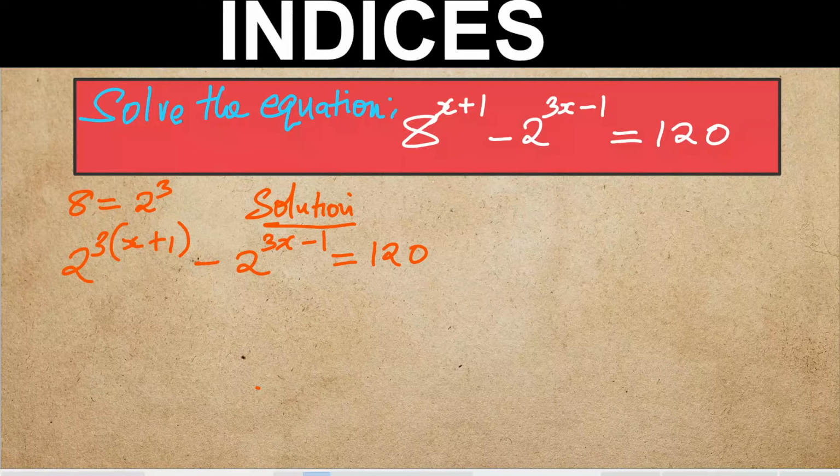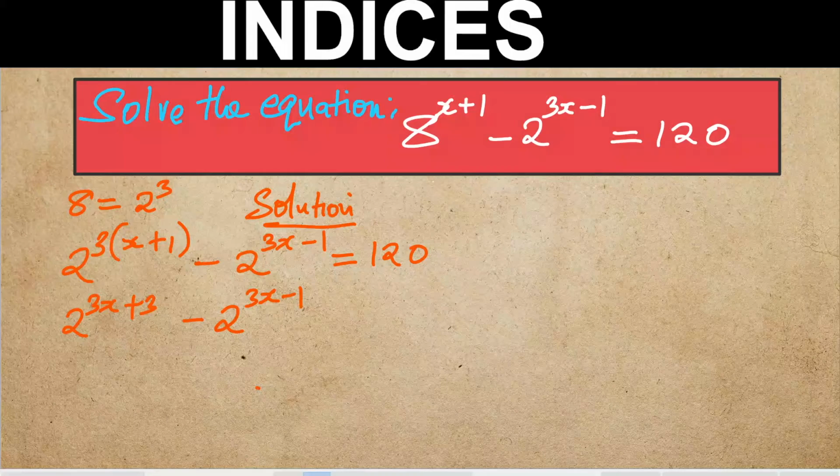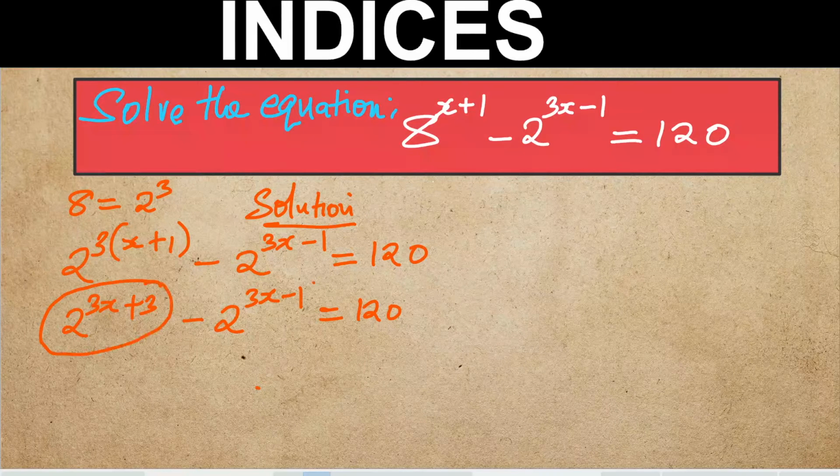Let's open this bracket. So we have 2 to the power 3 times x, 3x, plus 3, subtract 2 to the power 3x minus 1 is equal to 120. The other thing you're going to do is to split these values.